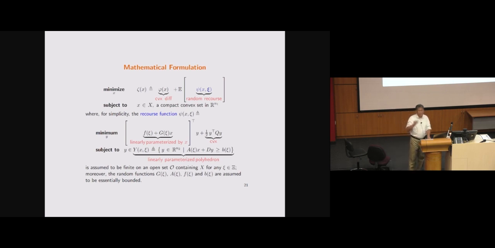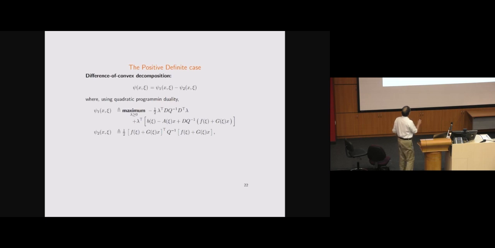Well, there is an easy case where you can write down the DC decomposition easily. That's the case when the matrix Q is PD, positive definite. When Q is PD, the recourse function has a DC decomposition, psi 1 minus psi 2. psi 1 is the maximum of a concave function, linearly parameterized by X. There's an X here, and it's the maximum objective value of this.